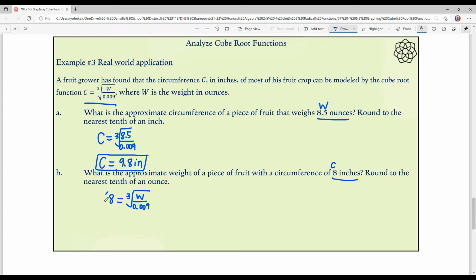In order to get rid of a cube root, I'm going to cube both sides. So 8 cubed is 512, which is equal to W over 0.009. I can solve for W by multiplying both sides by 0.009. And so 0.009 times 512 rounded to the nearest tenth is 4.6 ounces.